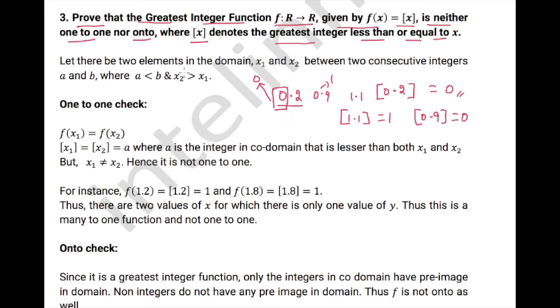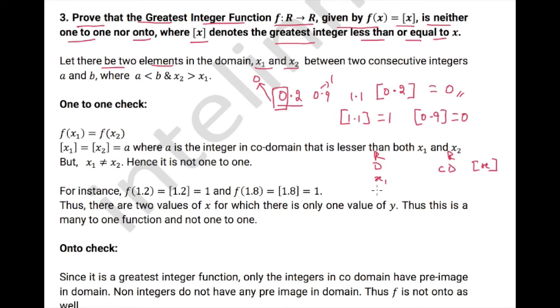Now let us try to prove that it is neither one-to-one nor onto. So first let us take two elements in the domain, let's call them x1 and x2. This is domain and this is codomain. This is defined in R, this is also defined in R, and this is, sorry, greatest integer function x.